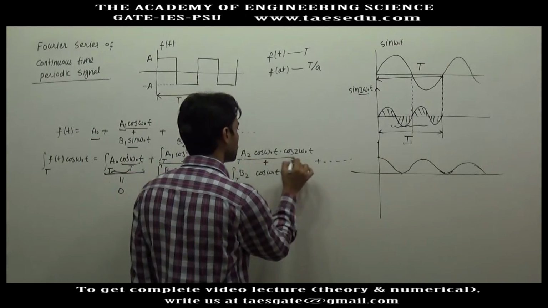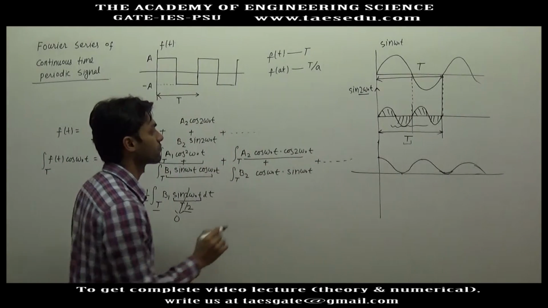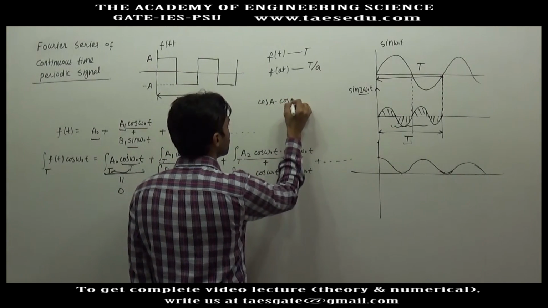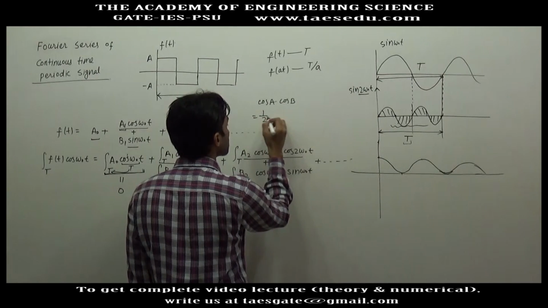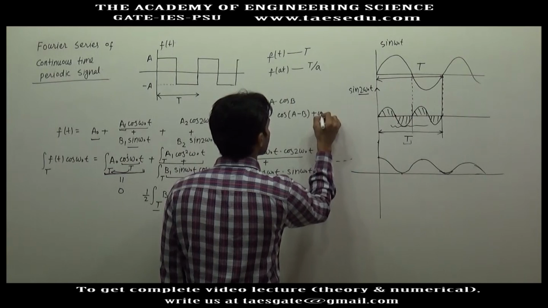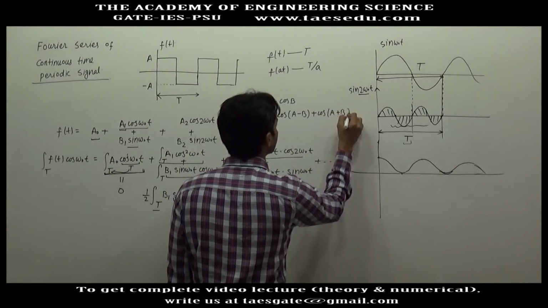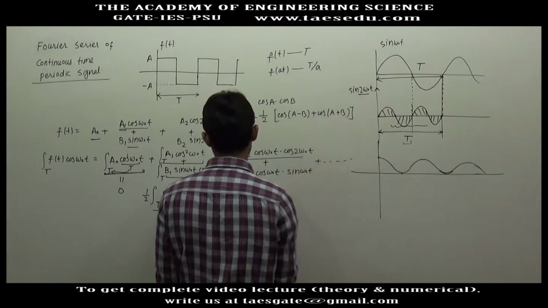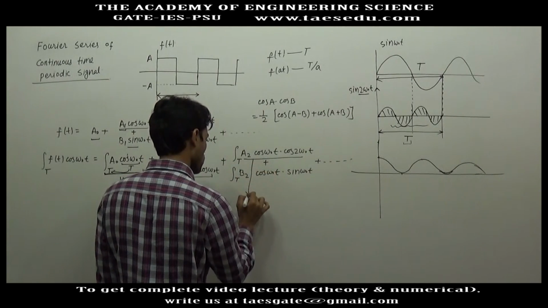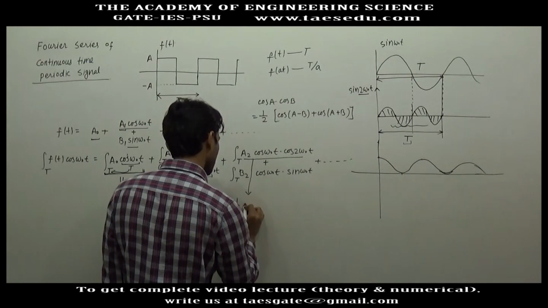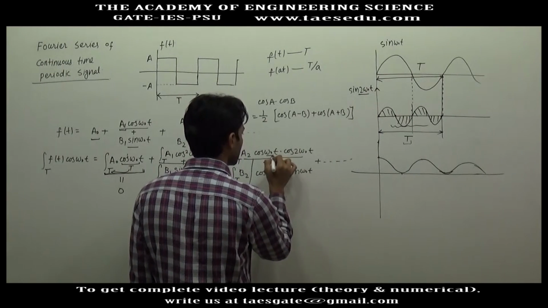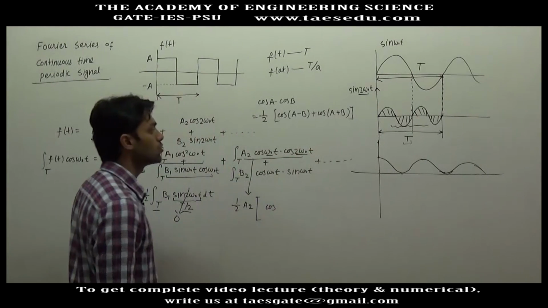Coming to this term, here we have cos A into cos B. Cos A into cos B equals half of cos A minus B plus cos A plus B. So for this term, we will have half A2 cos A minus B, which gives omega naught t minus 2 omega naught t.